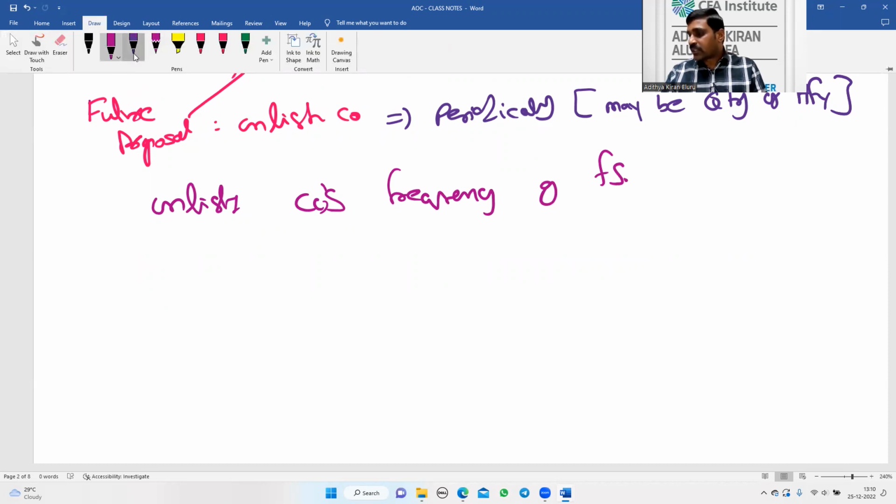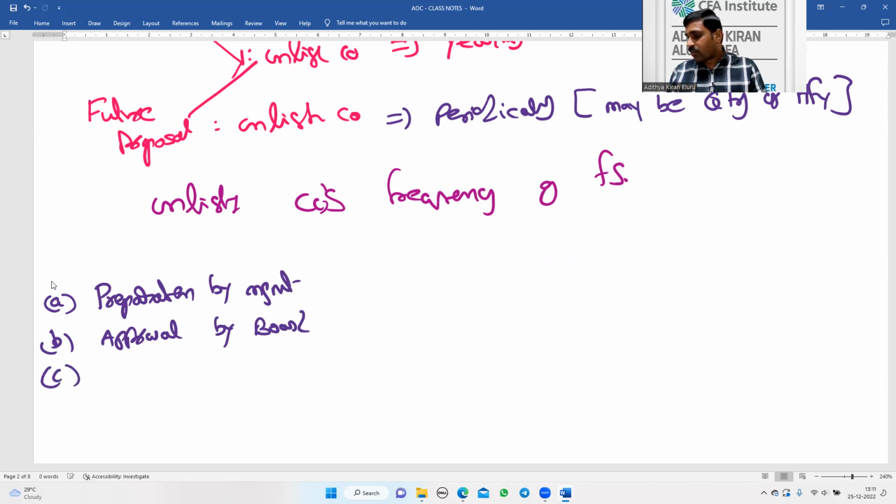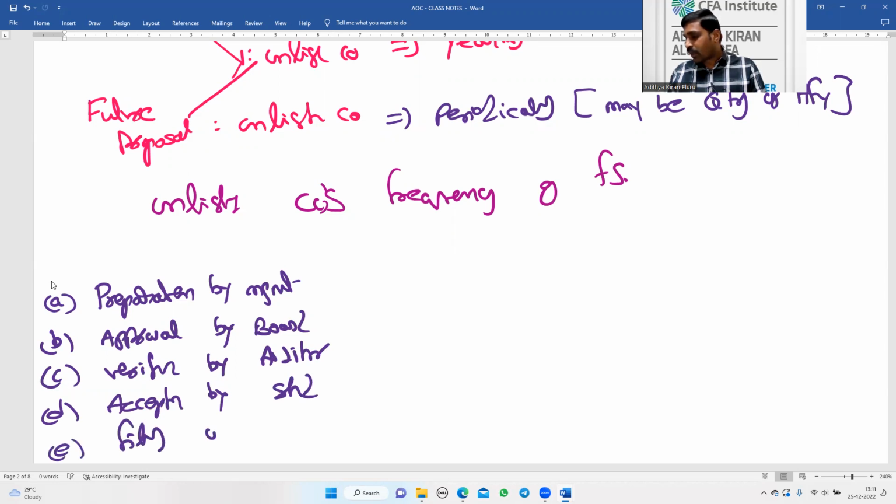Then I'll write the various categories: preparation by management, thereafter approval by board of directors, verified by auditors, accepted by shareholders, and filing with ROC.